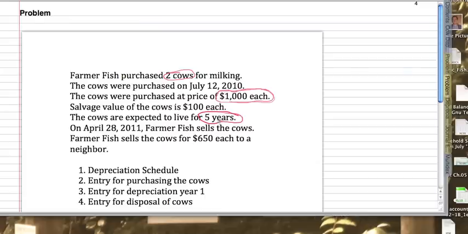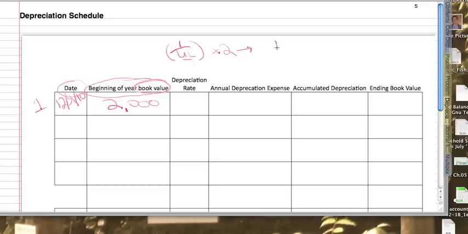Management expects the cows to live for 5 years. So therefore we're going to take 1 over 5, which is 20%, and we're going to double it, and that gives us 40%. That's the amount we're going to put in the depreciation rate column. And I'm going to draw a line just representing that this does not change throughout the rest of the schedule.